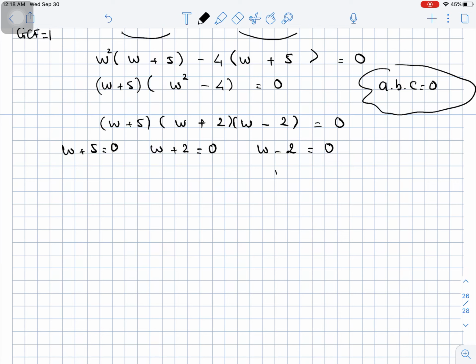So in this problem, you get W plus 5 equal to 0, W plus 2 equal to 0, and W minus 2 equal to 0. We solve one by one. And we get W equal to negative 5, W equal to negative 2, and W equal to 2.